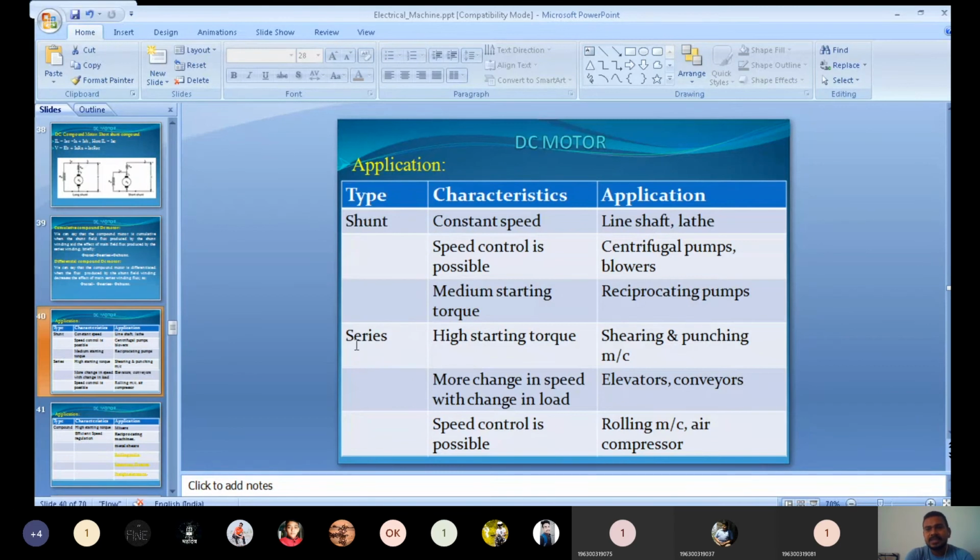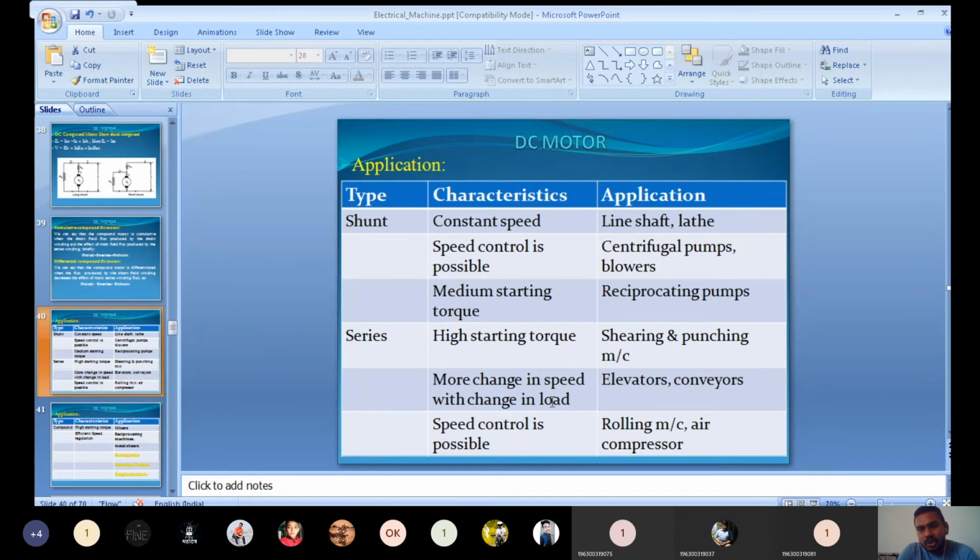Okay, next is the DC series motor. What are the characteristics of DC series motor? It has a high starting torque. This is the main advantage of DC series motor. DC series motor has high starting torque, more change in speed with change in load.